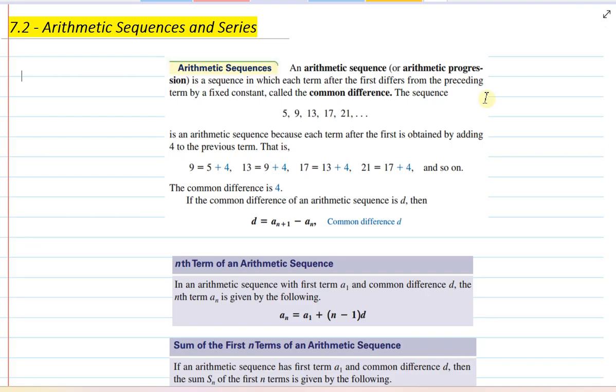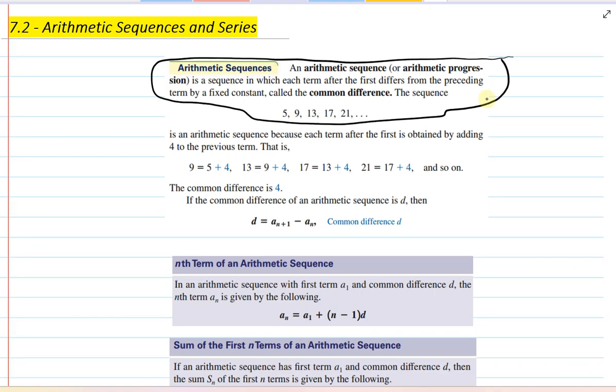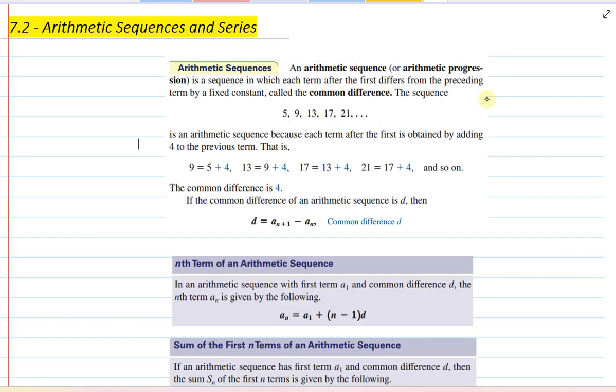So let's see what I call the signature of an arithmetic sequence. An arithmetic sequence, and I'm just reading the definition that's in the book here, is simply a sequence where the consecutive terms, meaning the terms that are in sequence, consecutive means back to back, have a difference between them that is the same, it's fixed, called a common difference.